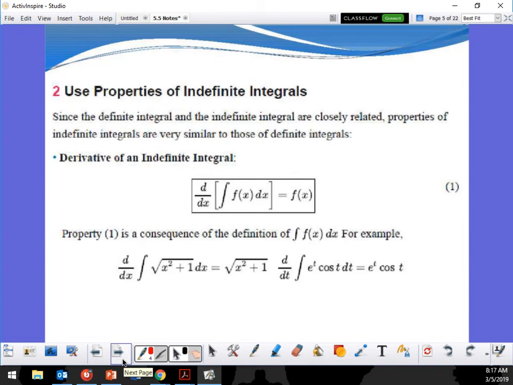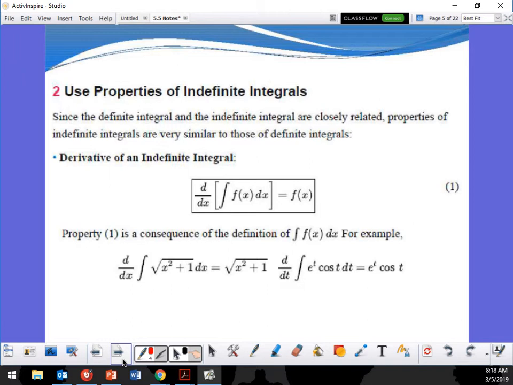Properties of indefinite integrals: a derivative of an indefinite integral. If I'm taking the derivative of the integral, it should just give me the function. Same thing goes here. Property 1 is a consequence of the definition of the integration of f(x).